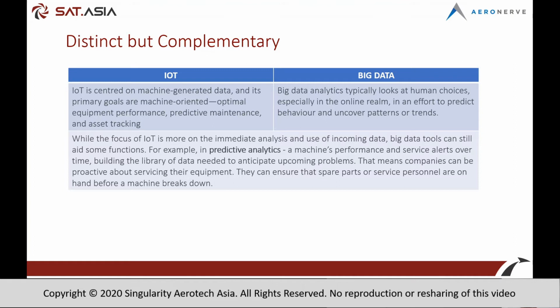So it's more related or close to human choices. Okay, so those are big data. But there are also complementary cases. Let's say, for example, predictive analytics, machine performance and service alerts over time.